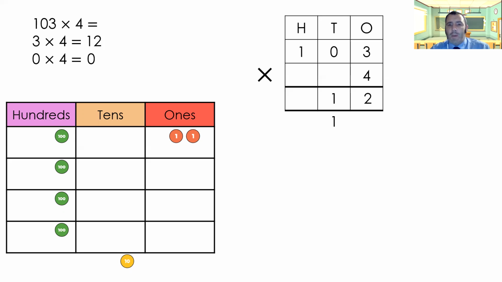Now the final step, I've got to do, that's right, 100 times 4. That will leave me with how many? That's right, 400. That's going to go in here. So my total answer, for the product of my multiplication, is 412.